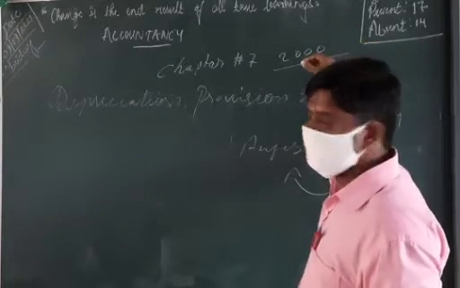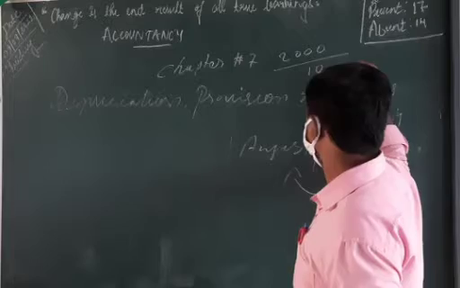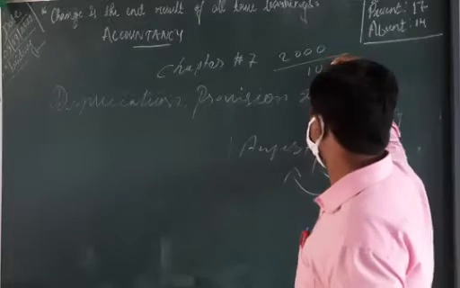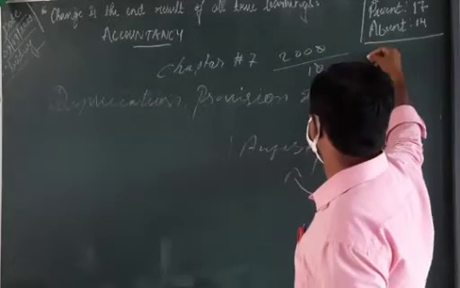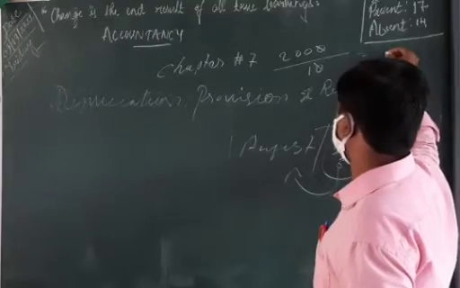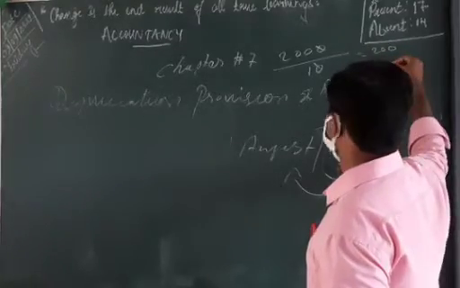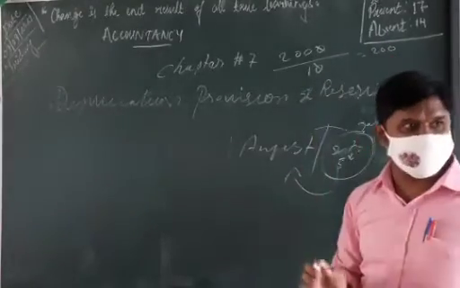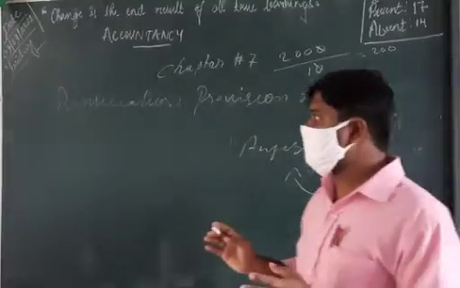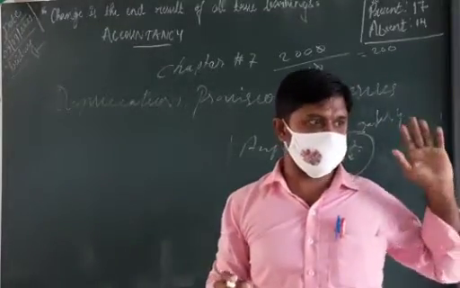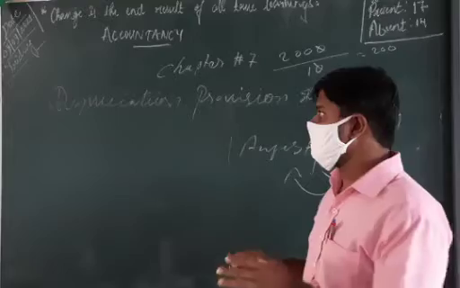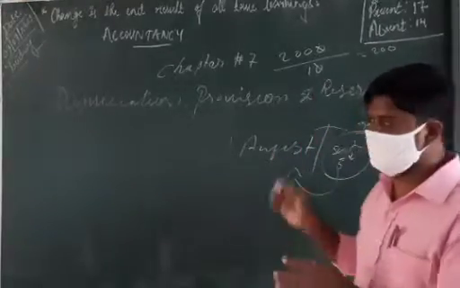We divide it by 10. Then how much in 1 year? 200 rupees. This is just one method only, okay? The details you will learn later. For easy understanding only I use it like this.